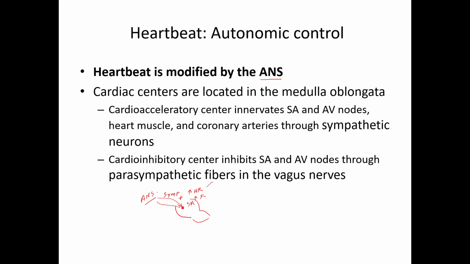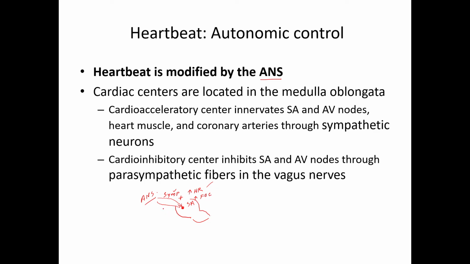That is called force of contraction. So both will be increased by sympathetic drive or activation. That is called positive inotropic, positive chronotropic. Anyway, you know what happens when you get excited or in fight or flight response. Your heart rate increases as well as your blood pressure. The force of contraction, your heart beats very strongly and fast.